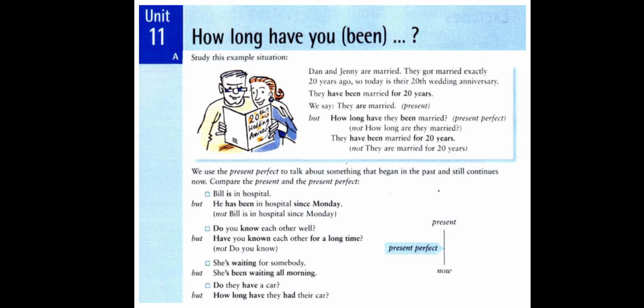And we still know that the verb know is a stative verb. That's why we don't use it in the present perfect continuous. So it becomes, have you known each other for a long time? We don't say, do you know each other for a long time. We say, do you know each other now?